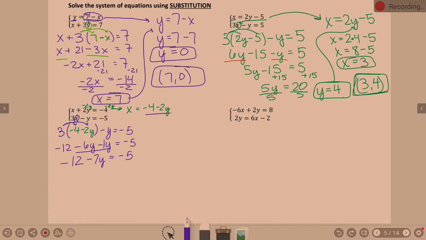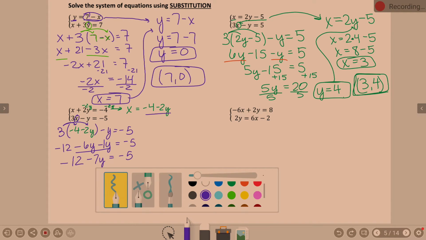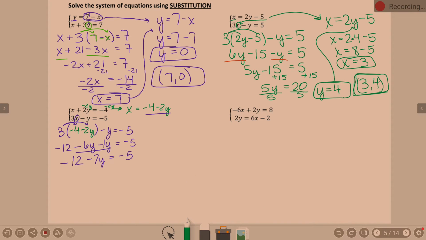Still equals -5. We want to get y by itself. So to get the -7y term by itself, we're going to move the -12. To move the -12, we are going to add 12.